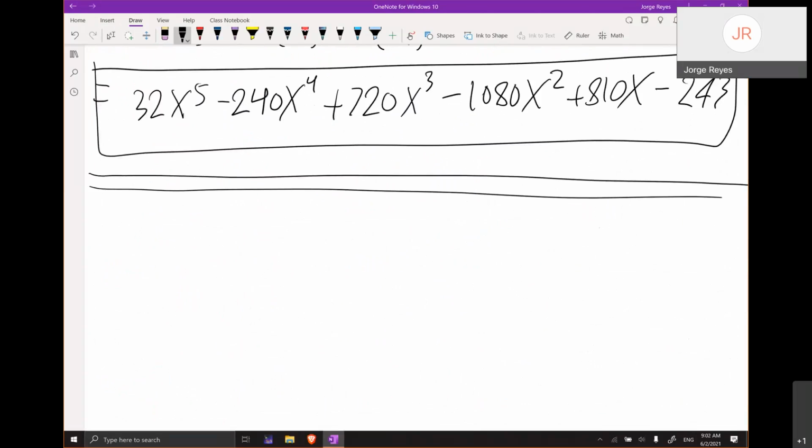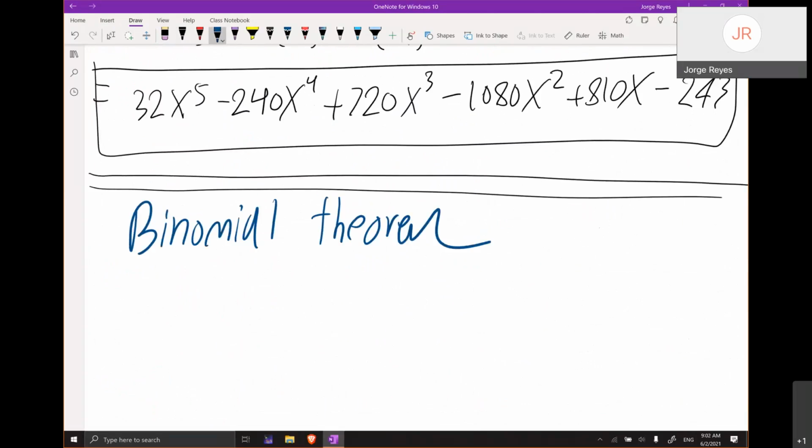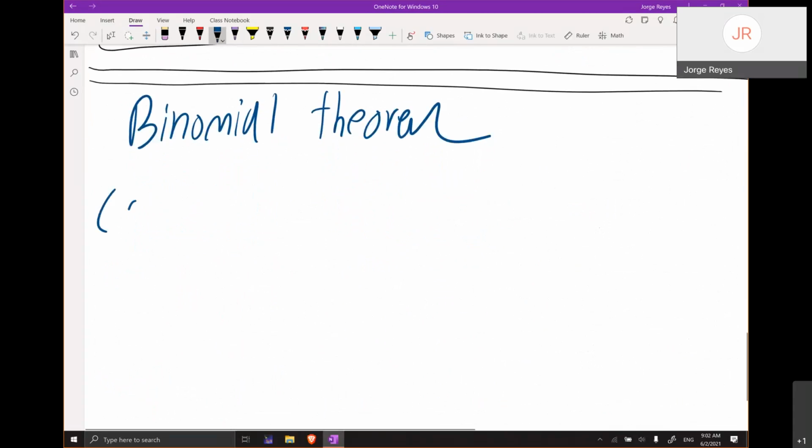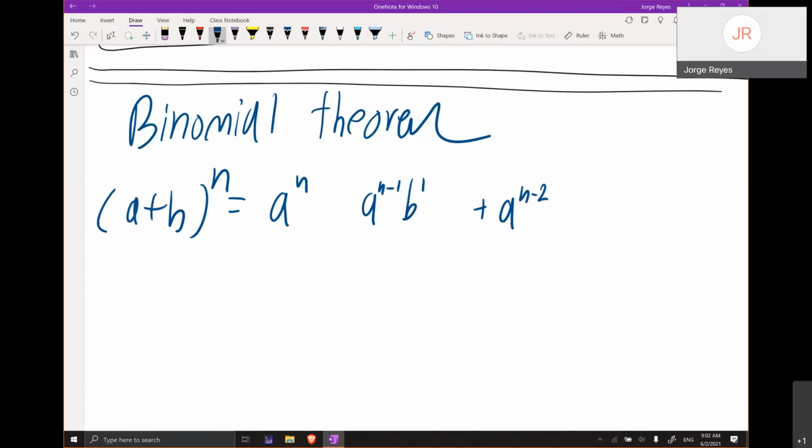I need to teach you the binomial theorem, okay? So the binomial theorem is the same thing. So a plus b to the n. So it's the Pascal's triangle, like this order thing, okay? But instead of using Pascal's triangle, we're gonna use something else.